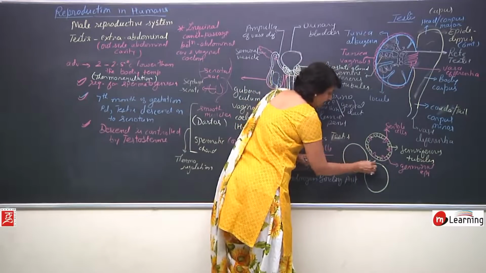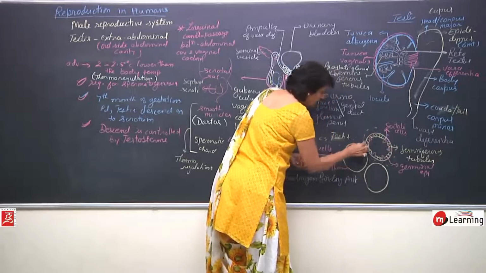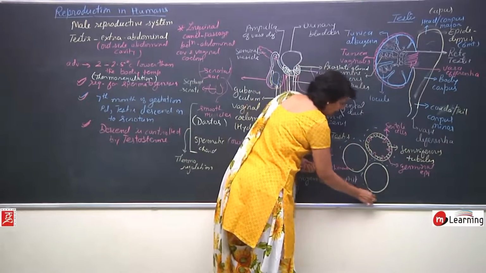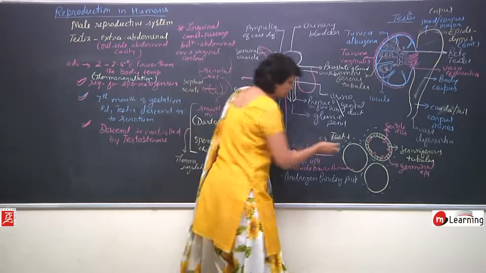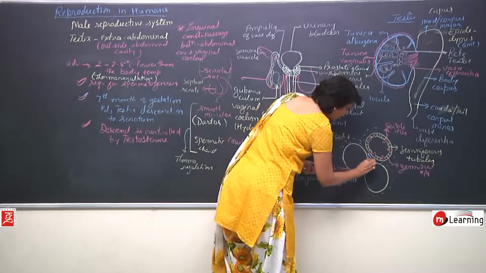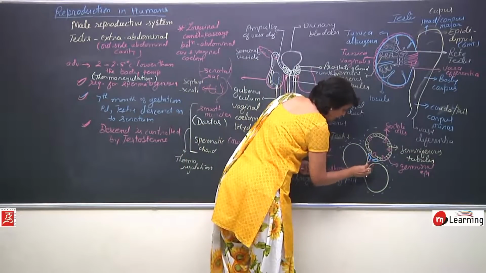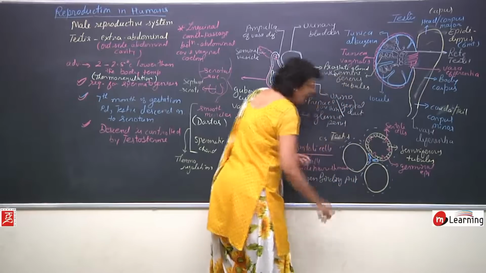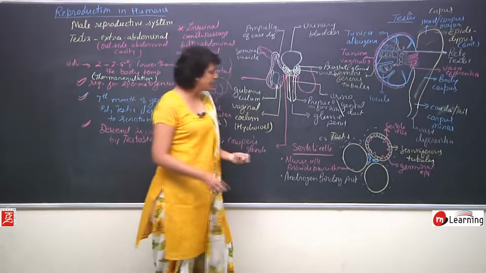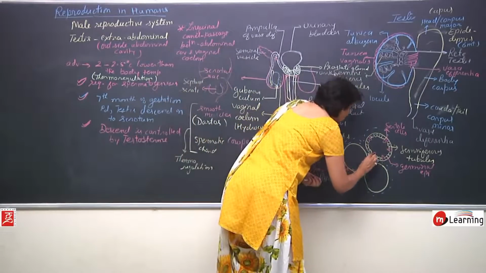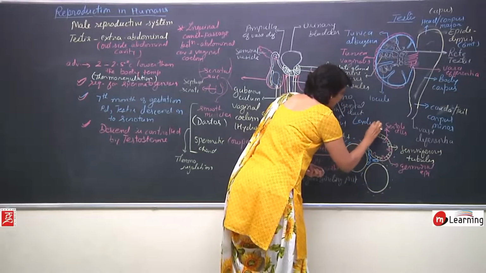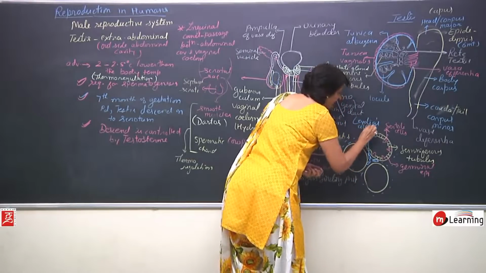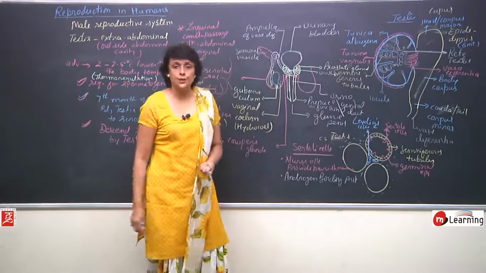Between these seminiferous tubules is connective tissue, and in between these seminiferous tubules there are cells. These cells are known as Leydig's cells or interstitial cells.